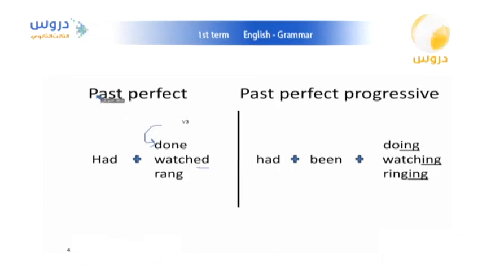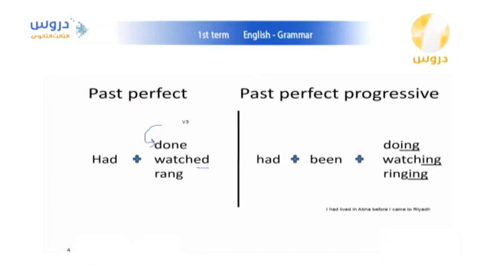For example, let's say, I'm gonna write it here: I had lived in Abha before I came to Riyadh.